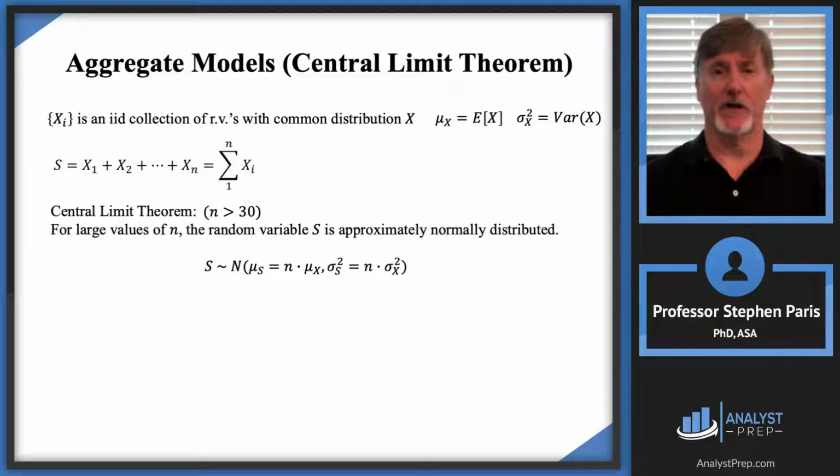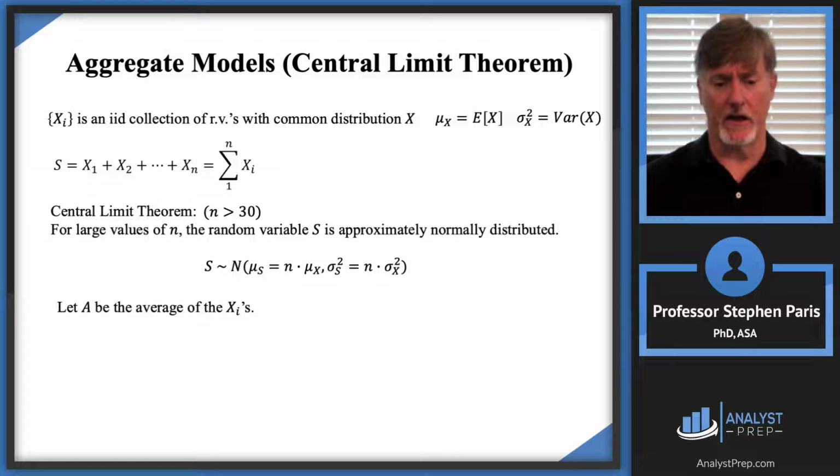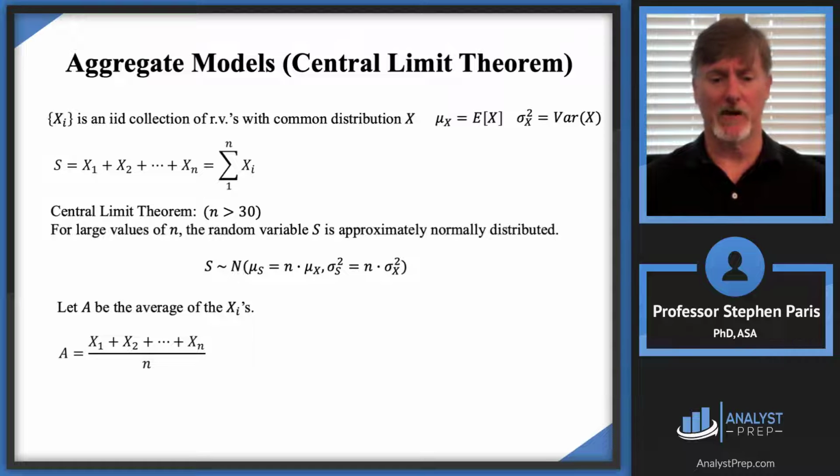Another random variable that you're going to see on this, in fact, in some cases they actually define the central limit theorem in terms of this other random variable, and it is the average of all the CapX sub i's. To get the average of all the CapX sub i's, I would add them all up and then divide by the number that I'm adding together. So that's n. I can think of that as just the CapS random variable divided by n.